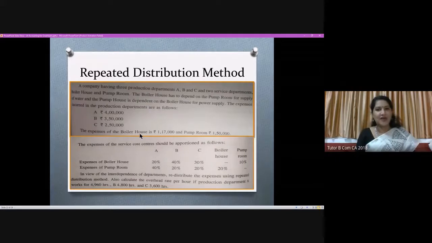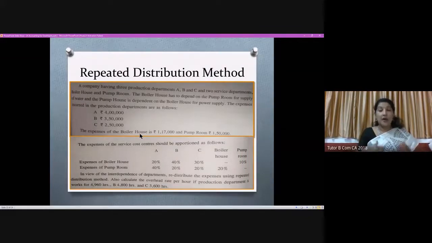Nullified means either it is written off to 0 or maybe a very minimal amount, which may be less than 10 rupees. So in the repeated distribution method, the process is repeated again and again until the expenses connected with the service department are almost nullified or reach the minimum. That's why we call this method the repeated distribution method.